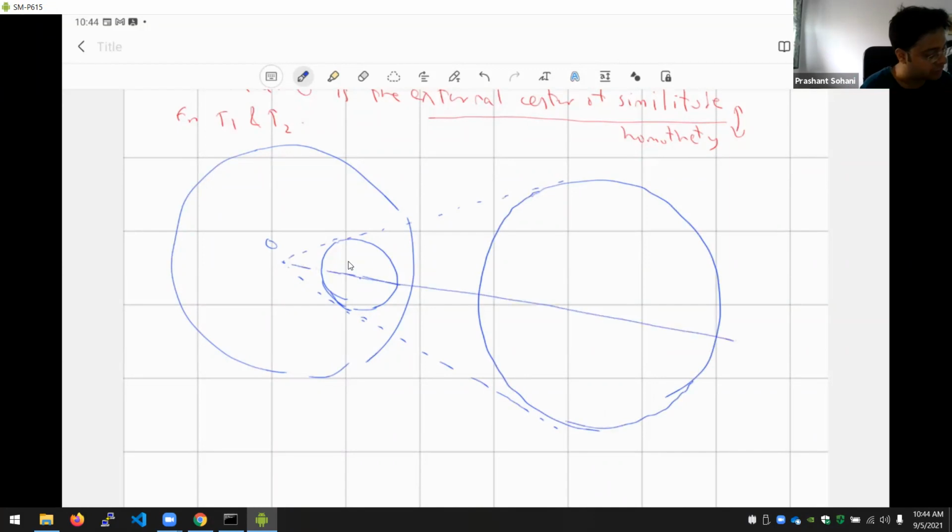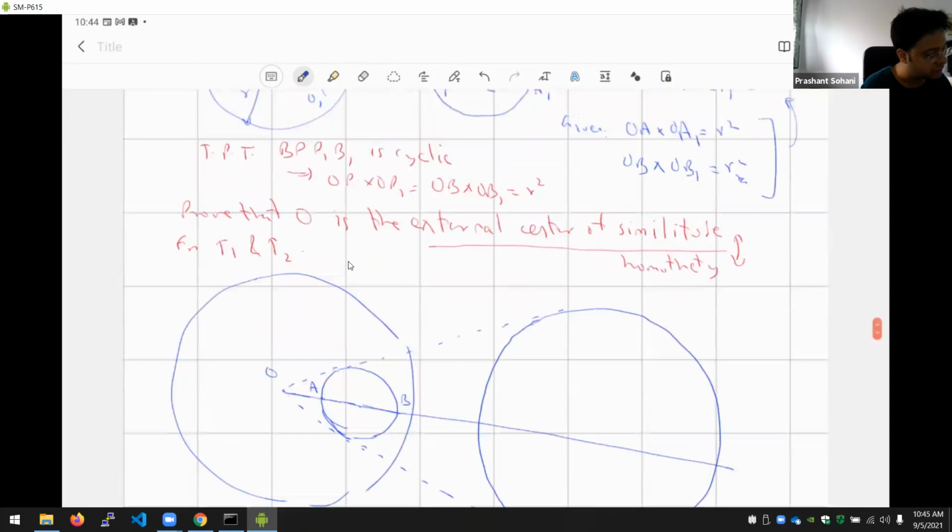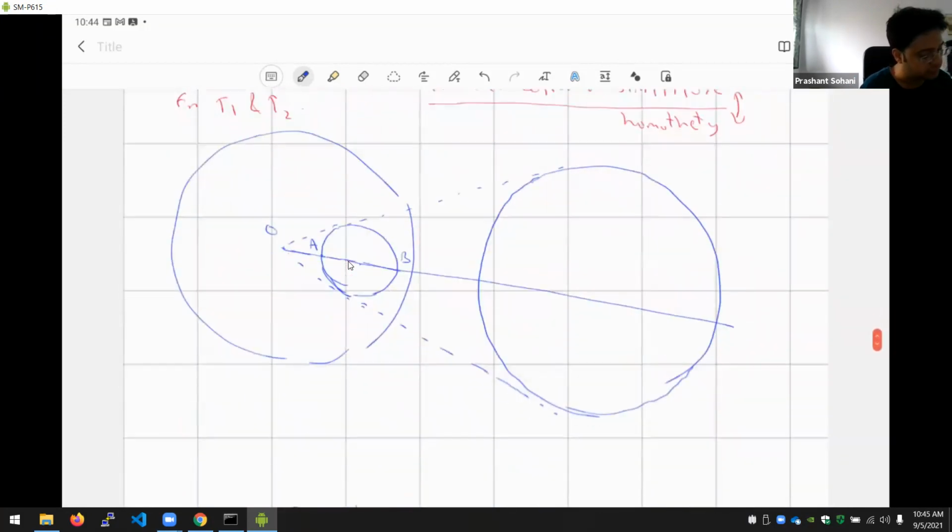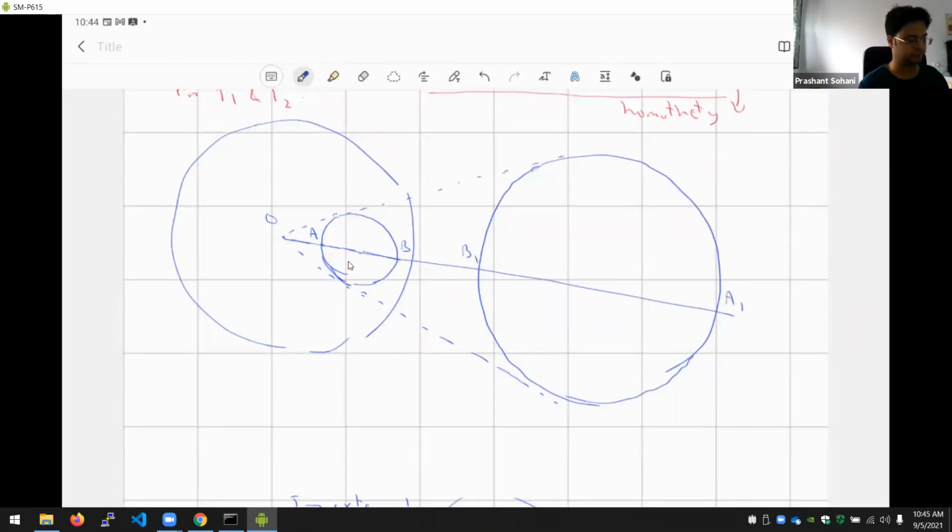Now again, if I consider the diameter, points A, B, and the inverses are B1 and A1. Even before getting to the point P, which is the arbitrary point, just given this much information, the first thing we have to prove is that O is the external center of homothety for the circles gamma 1 and gamma 2.